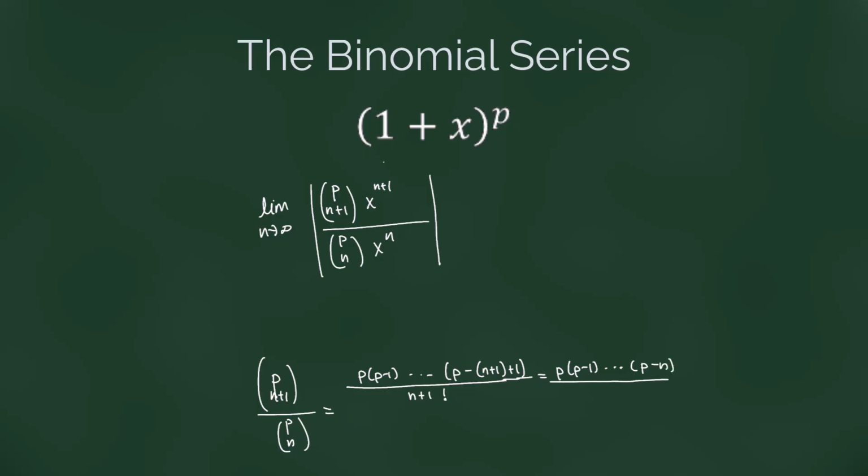And that's still over n plus 1 factorial. P choose n, however, is p times p minus 1 all the way down to p minus n plus 1 over n factorial.